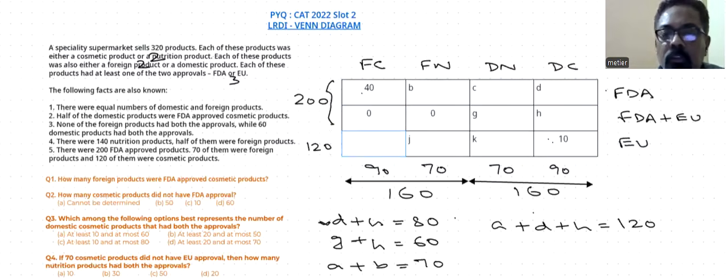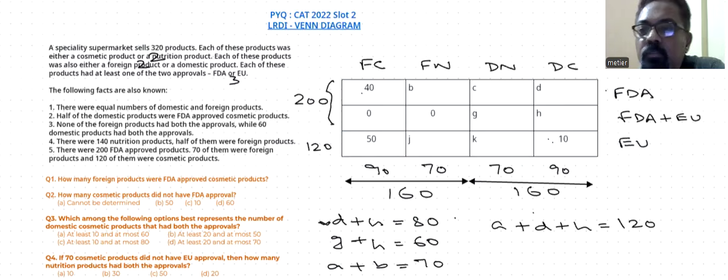Now, next data we can use here. A plus D plus H is done, 70 done. And what idea are we getting here? Are we missing anything? Check here.